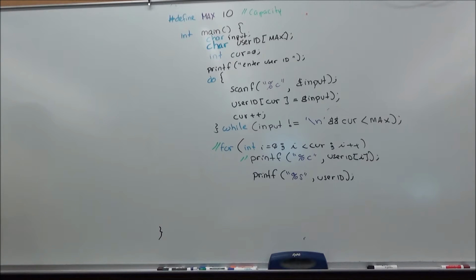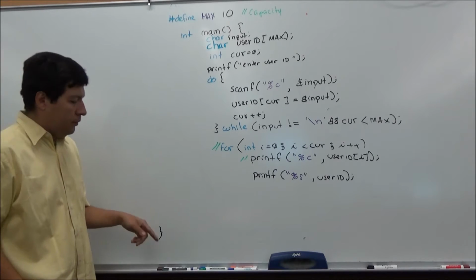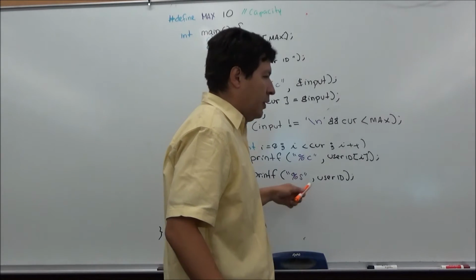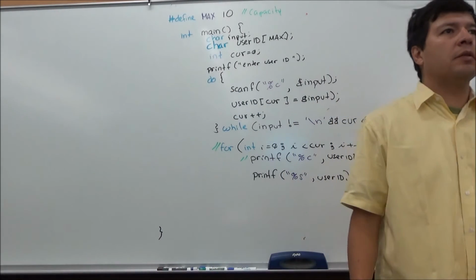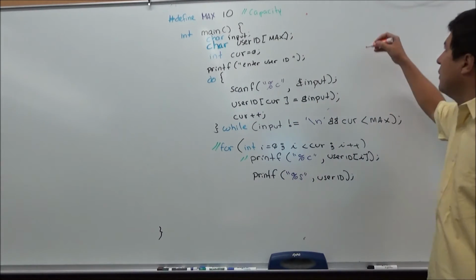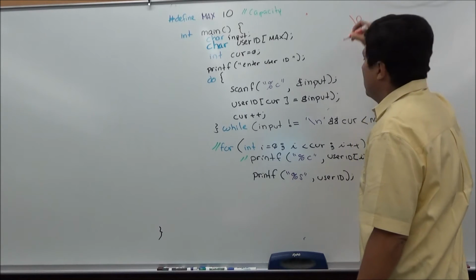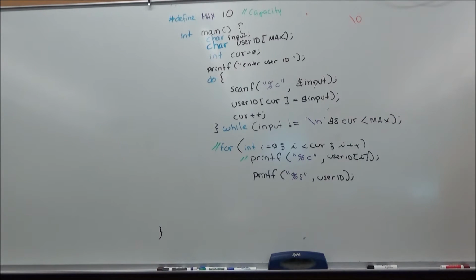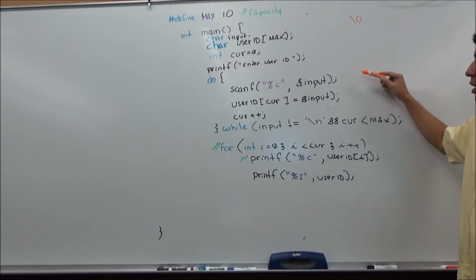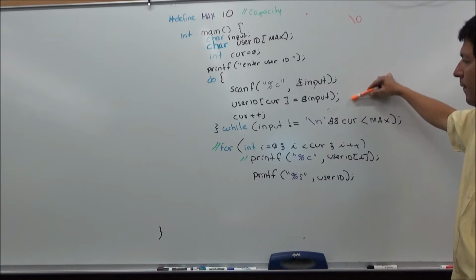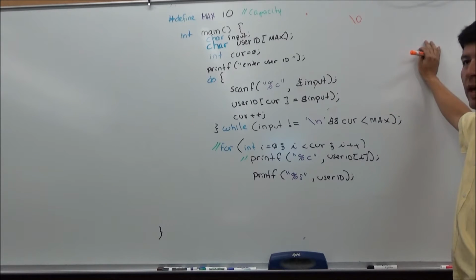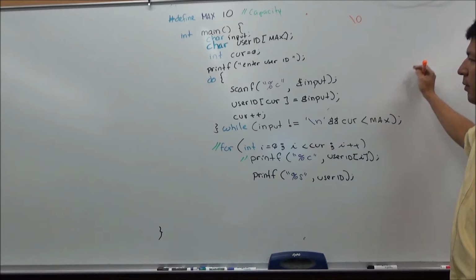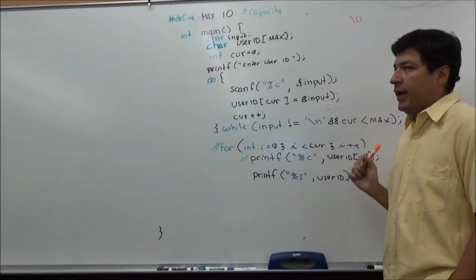The reason is a string is an array of characters, and it uses that character to know where the string ends. So in here, we gotta tell the computer, hey, where the string ends.